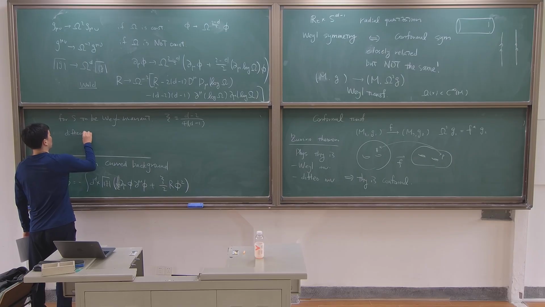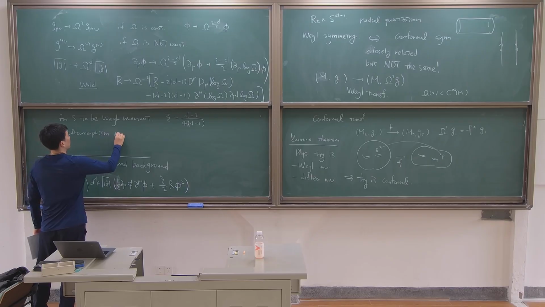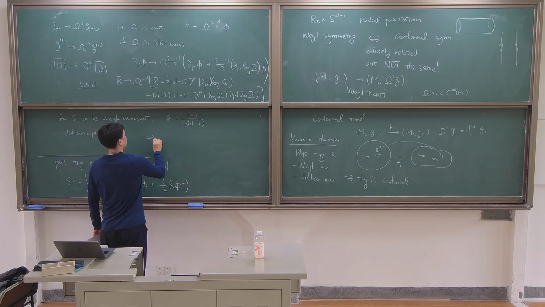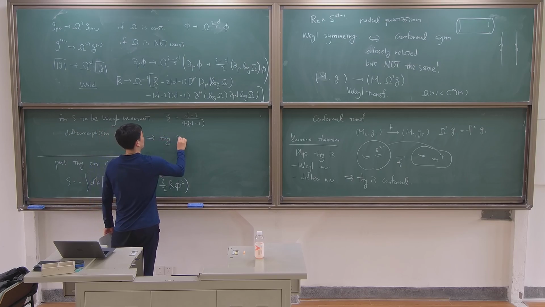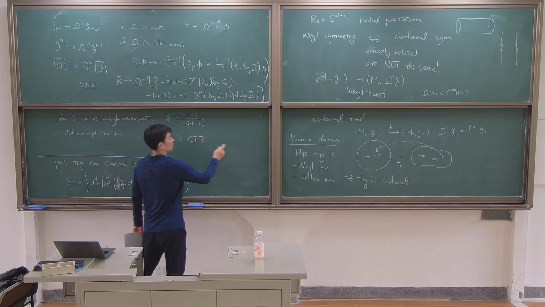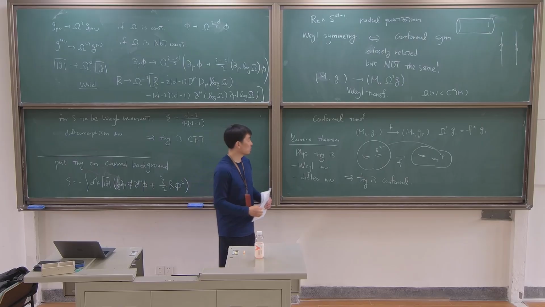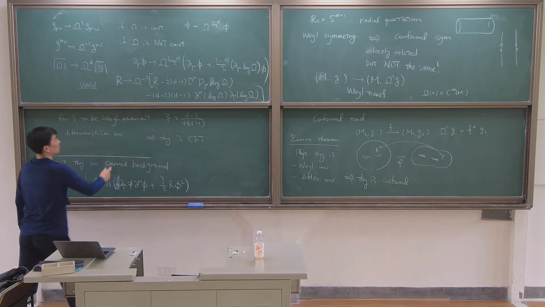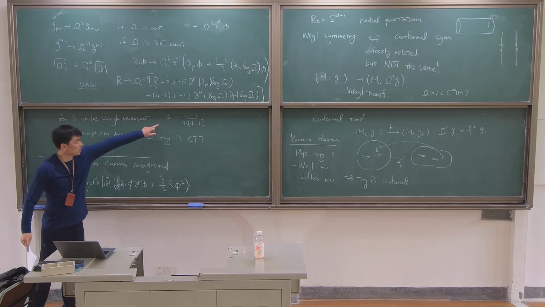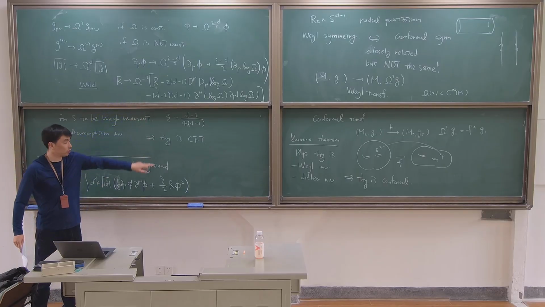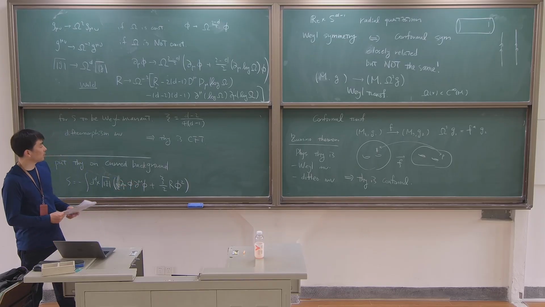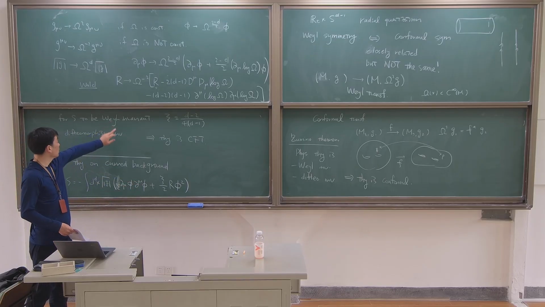Therefore, with this C value, the theory is a CFT because of this Zumino theorem. Although the calculation is tedious, if you set C to this value and plug this transformation in here, one can check that the action is invariant under the Weyl transformation.